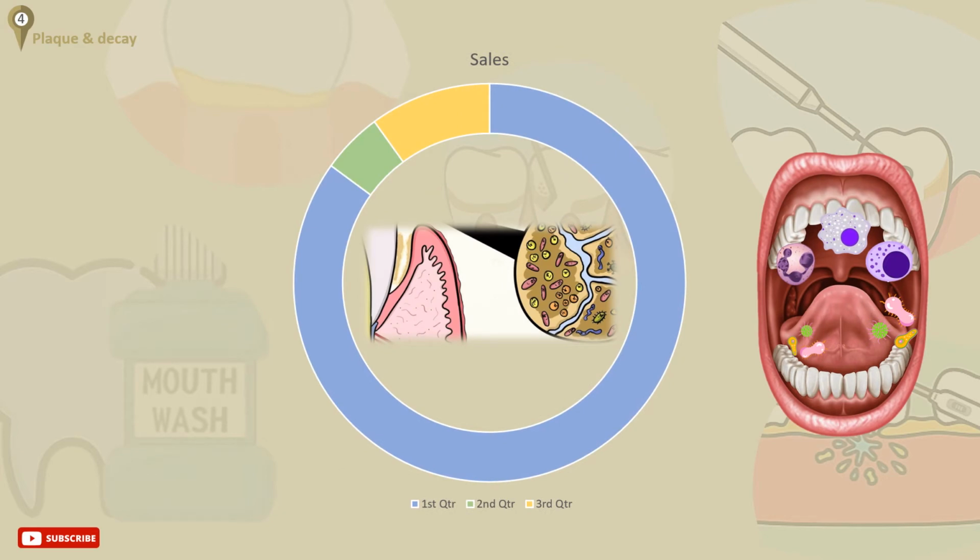Approximately 80 to 90% of the plaque weight is water. Of the remaining 10 to 20%, 70% of the dry weight is bacteria, and the remaining 30% consists of polysaccharides and glycoproteins.